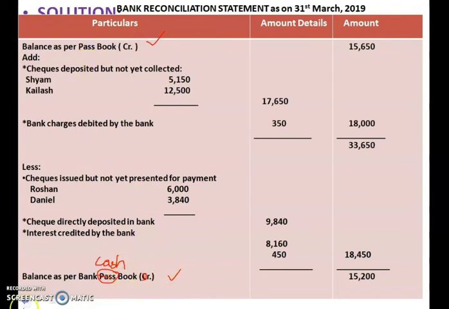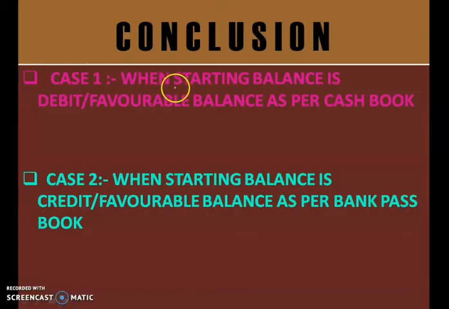Okay, so I hope you have understood this problem. Now let us conclude today's session. Today we saw two cases: when the starting balance is debit or favorable balance as per cash book, and the second case is when the starting balance is favorable or credit balance as per bank passbook.